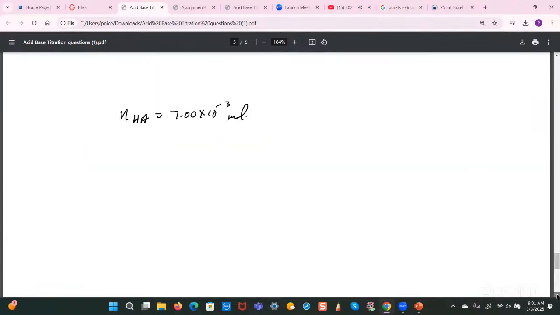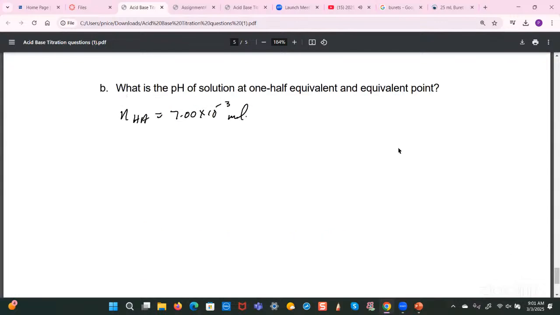So basically, at 1/2 the equivalence point, the number of moles of sodium hydroxide would be half.